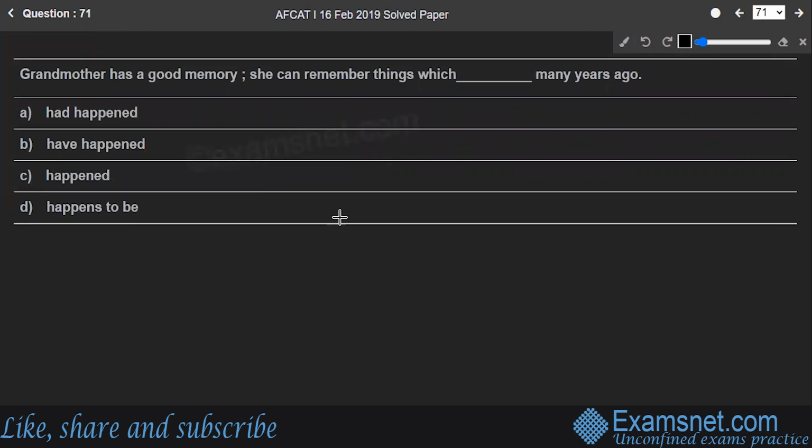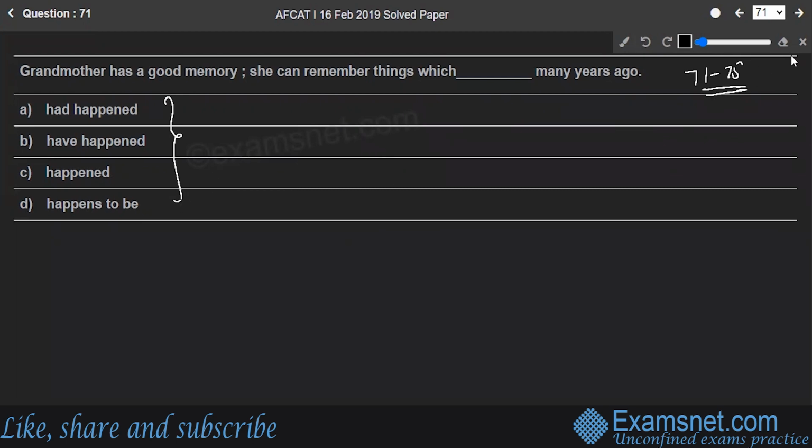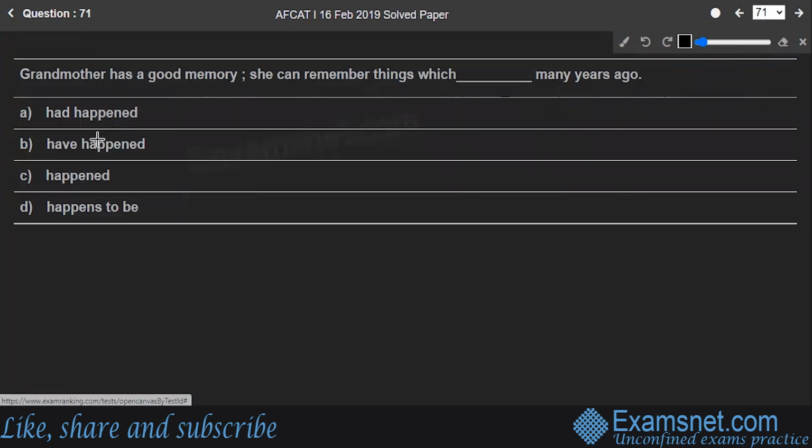So from question number 71 to 75, the sentences are given with blanks that had to be filled with the proper alternative out of the four which are given to us. Let's go with this. So the very first one, grandmother has a great memory. She can remember things which dash many years ago: had happened, have happened, happened, or happens to be.